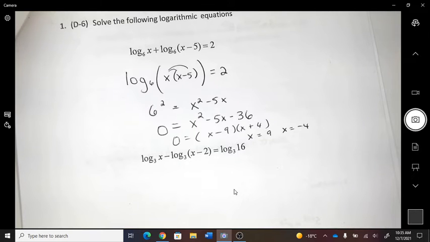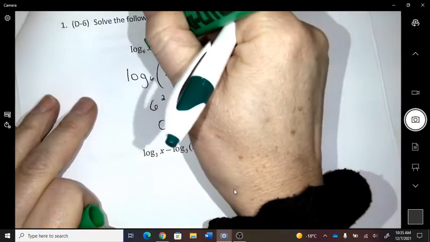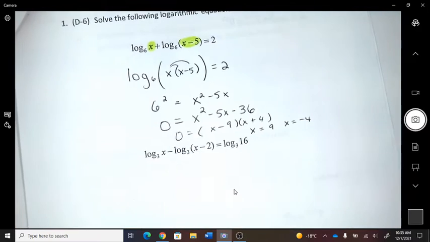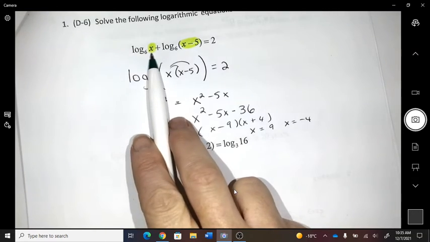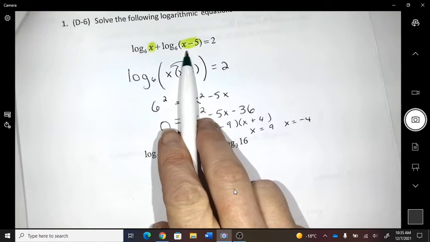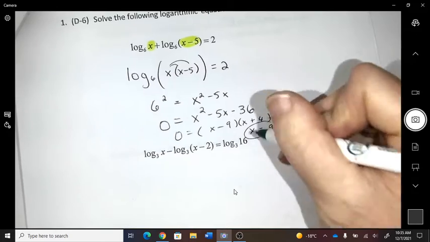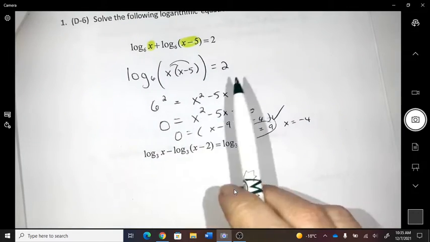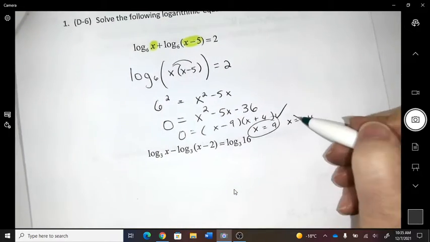Okay, we're not done. Remember that these positions in a log, the result, always has to stay positive. So is 9 good? If I plug a 9 in, did all those stay positive? Yep. If I plug in a negative 4, that's not going to work.